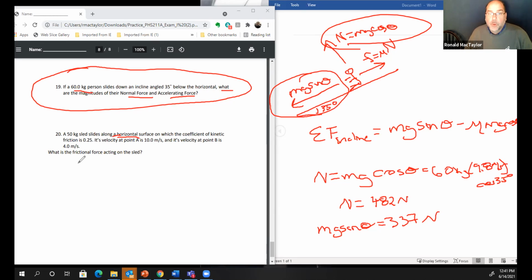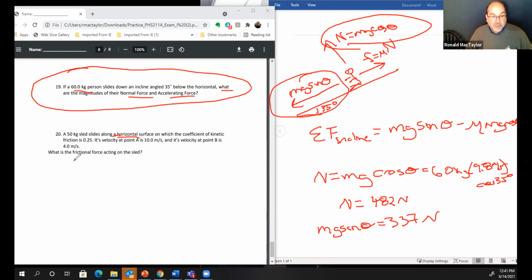This number 20 question could be a lot more complex. I would use a version of number 20 on exam 2, perhaps, where we're dealing with impulse and momentum. But we're not ready for that yet.